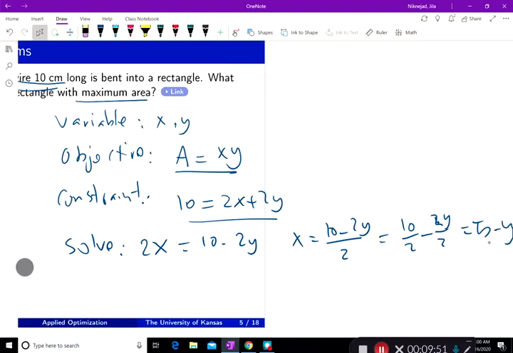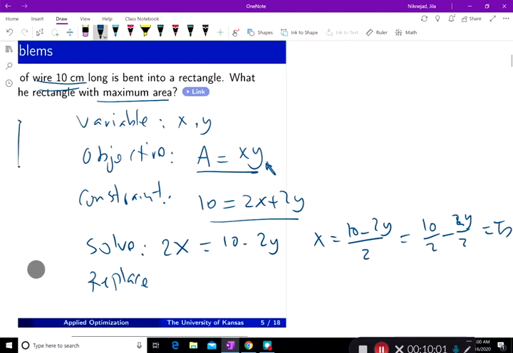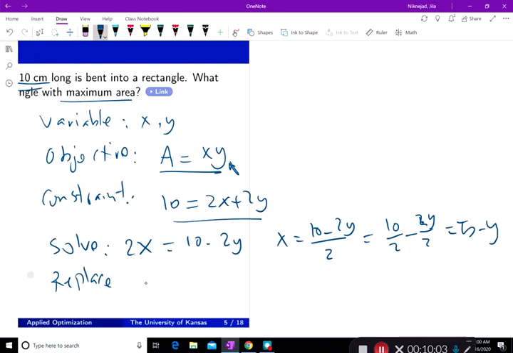Now, in the objective function, replace x with 5 minus y. So I have A equal to (5 minus y) times y.